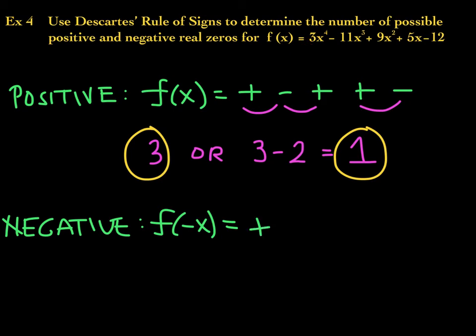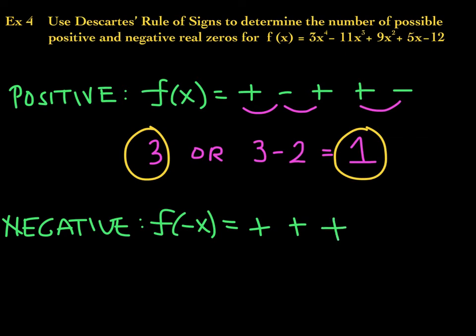The next term, the variable has an odd exponent. That's going to make this term change sign. So it's negative right now, it'll become positive. The next variable has an even exponent. That means it's going to keep its original sign, so it'll stay positive.